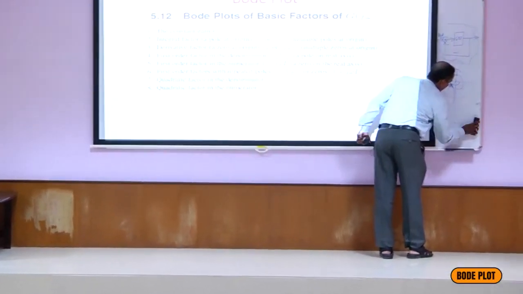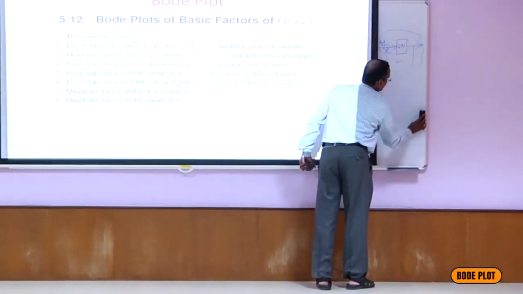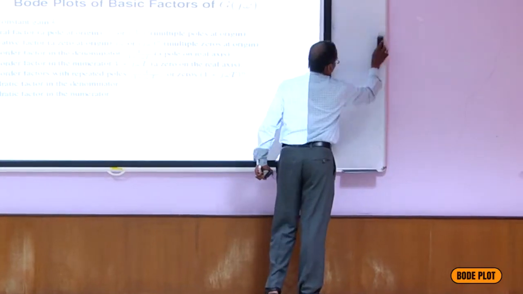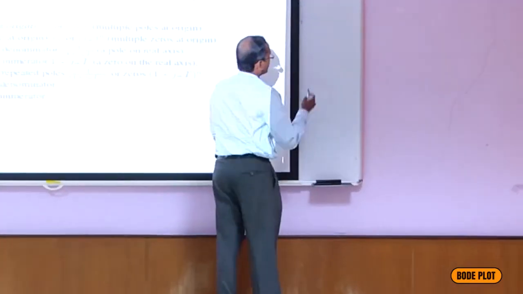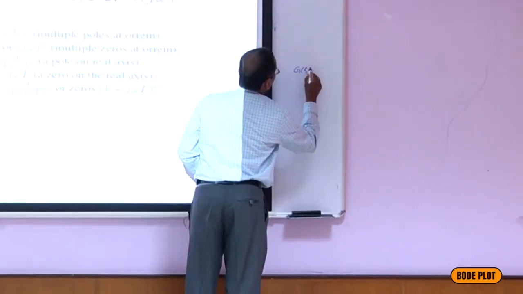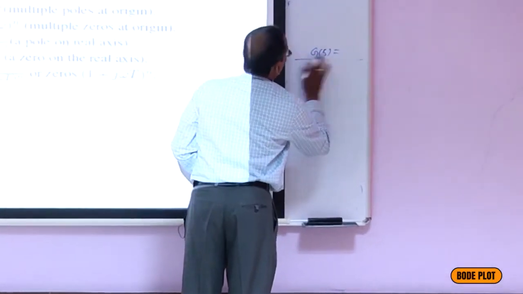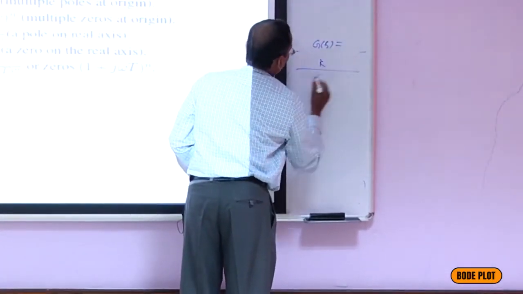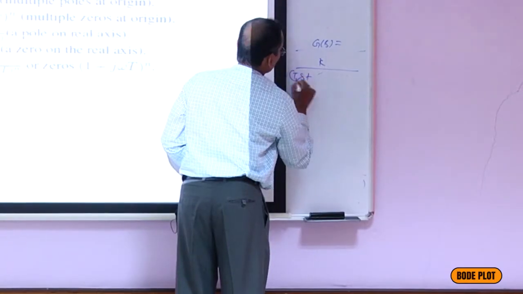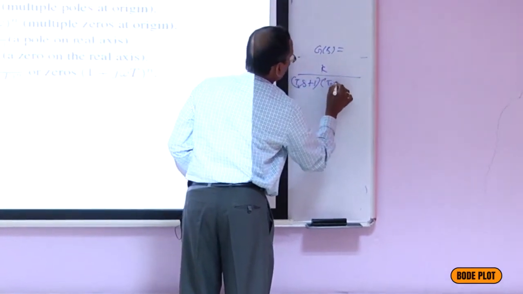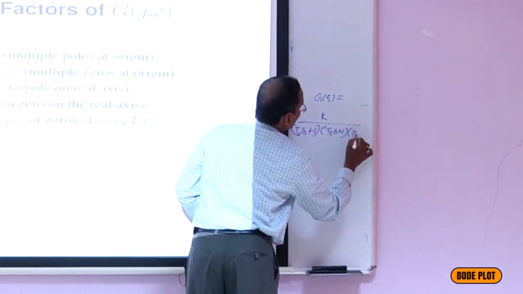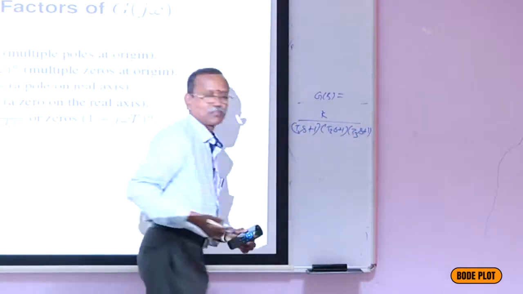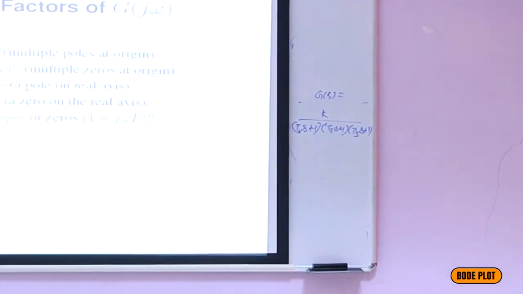For example, I am taking a third order system. A third order system may be represented by G of S equal to K divided by (tau 1 S plus 1)(tau 2 S plus 1)(tau 3 S plus 1). It is a third order system, so the denominator is factorized.